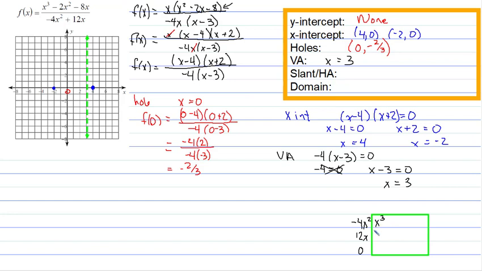We need to get to where it's at x cubed. Well, this is a 1. So 1 divided by negative 4 gives me a negative 1/4. x cubed divided by x gives me an x. So negative 1/4 times 12 gives me a negative 3x squared, and then the last one is going to be 0x.